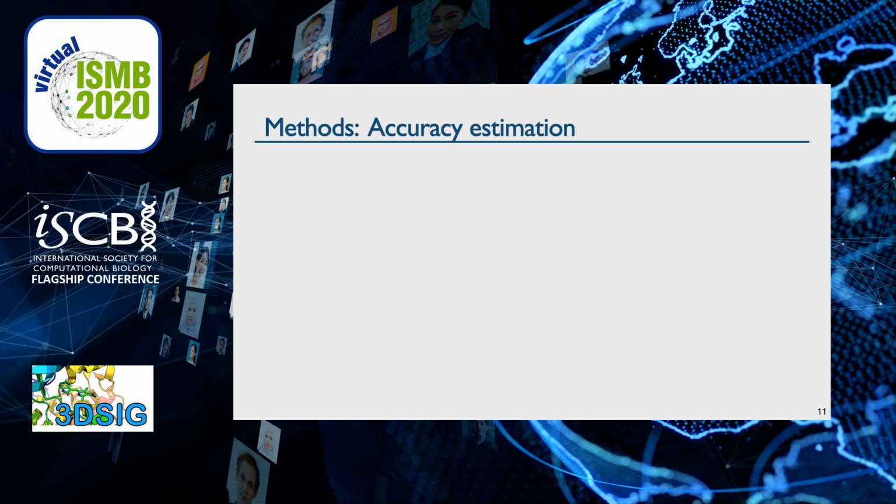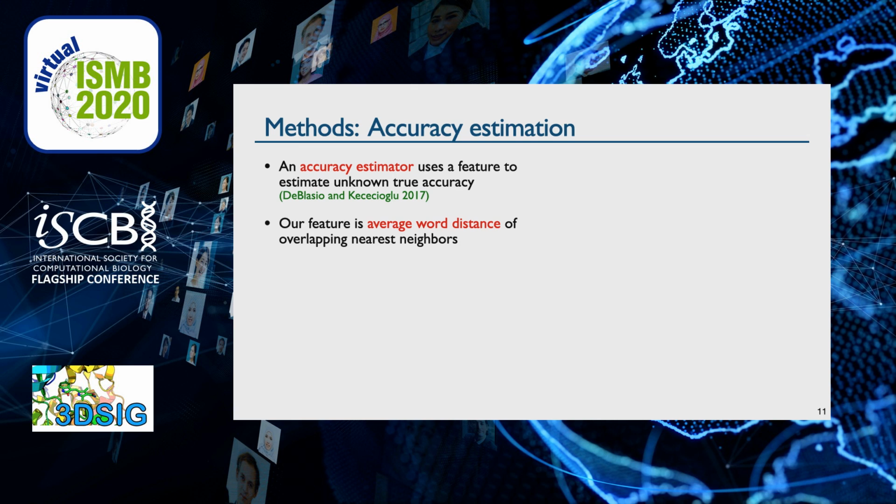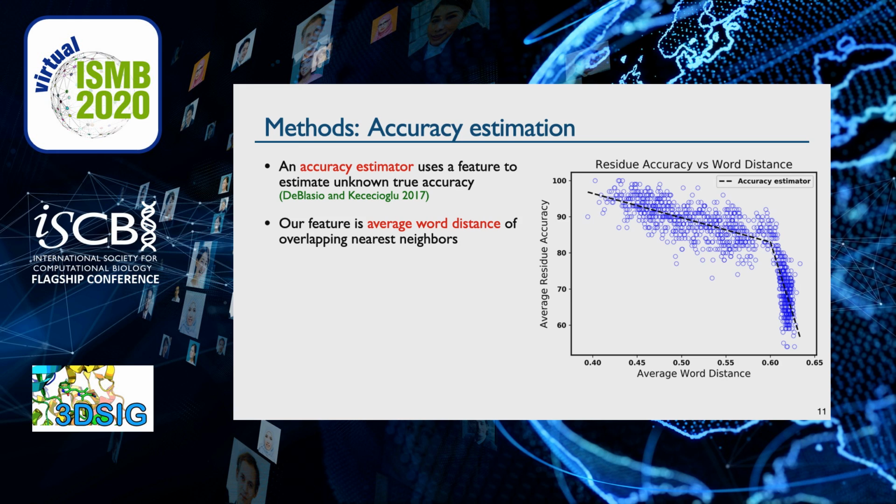A unique aspect of our approach is that it uses an accuracy estimator, which estimates the unknown true accuracy of its prediction based on an easily computable feature, which is average word distance of overlapping nearest neighbors in our case. Each circle in this figure represents a residue from Cas proteins, which is plotted at its average word distance on the horizontal axis.